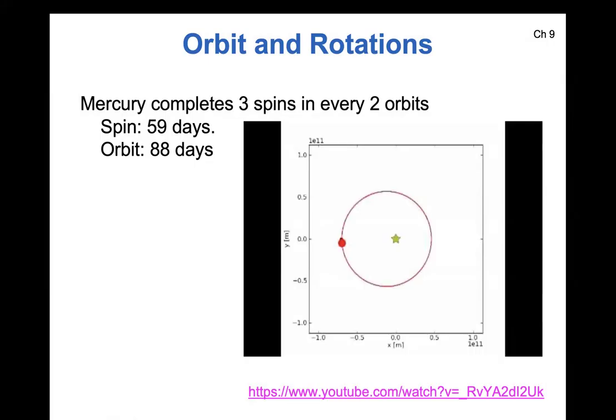In other words, a day on Mercury is 2 years long.